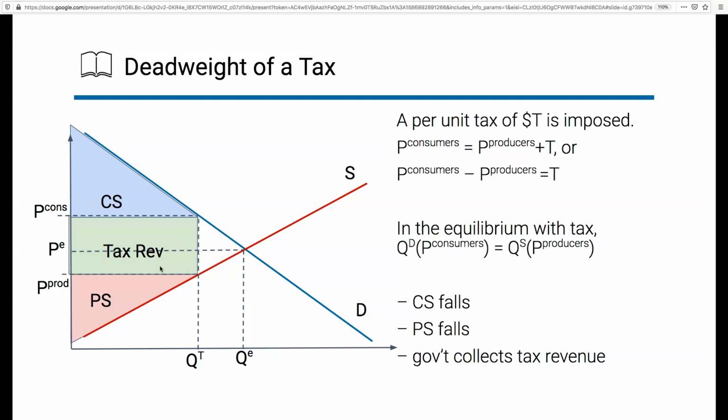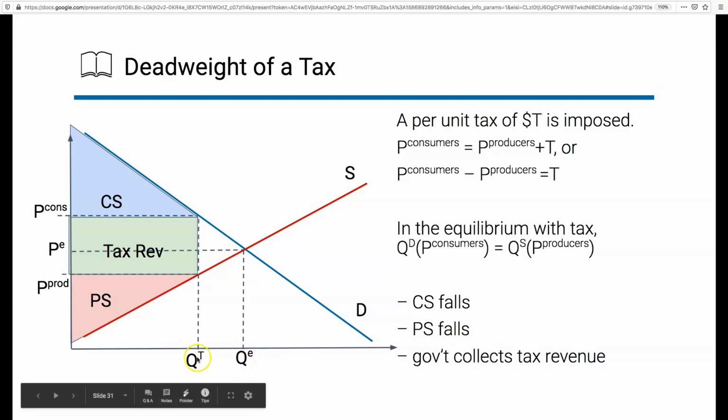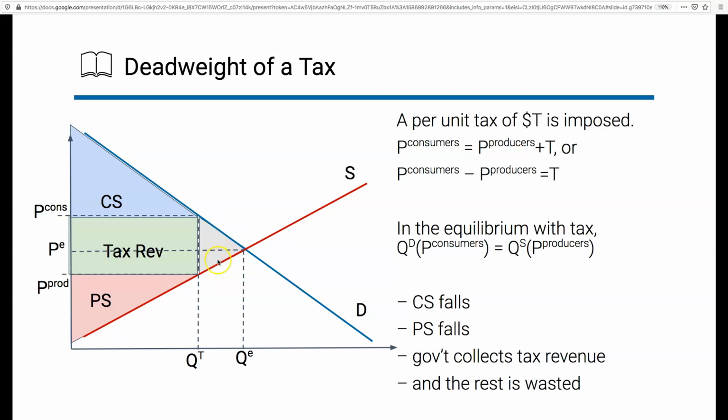But again, because the output in the market falls from the equilibrium level down to some lower level of output, there is going to be deadweight loss. There are some interactions that are potentially beneficial, but their benefit is below the amount of the tax. So consumers who were getting, say, a surplus of $1 and giving the producers a surplus of $1 would not be able to do that once the tax is 5.